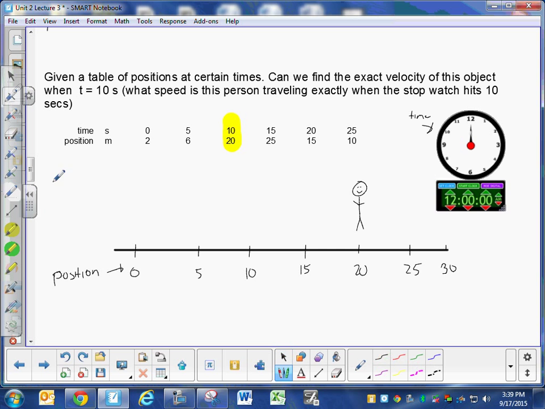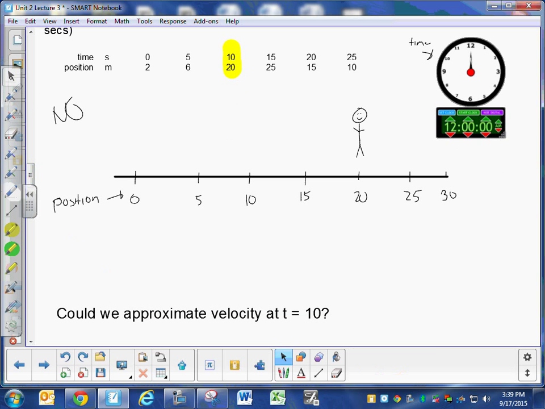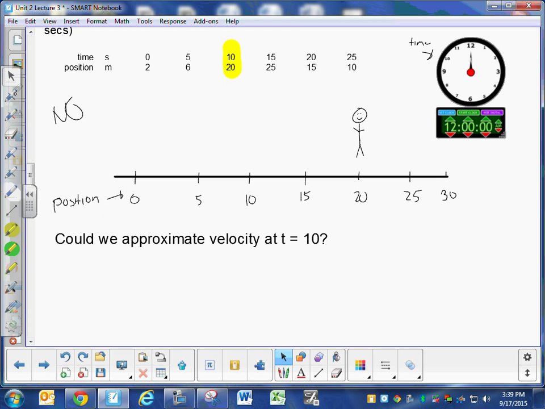But I could approximate it, right? I could take the average rate of change from maybe the 5th second to the 15th second and say, hey, if my dude moved consistently from the meter mark of 6 to the meter mark of 25, well, then that will give me possibly the correct velocity.